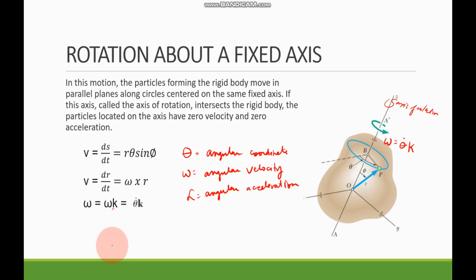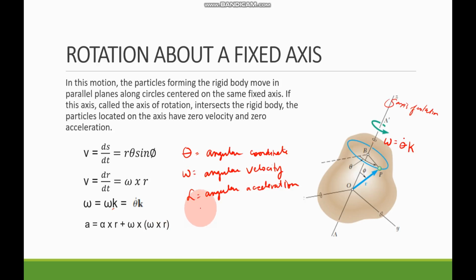And the acceleration of the particle P can be expressed as the vector product of the angular acceleration and the position vector plus the vector product of the angular velocity and the vector product between the angular velocity and the position vector.